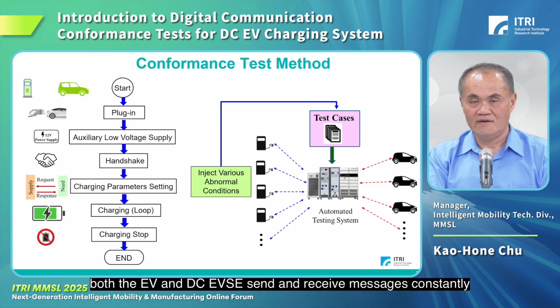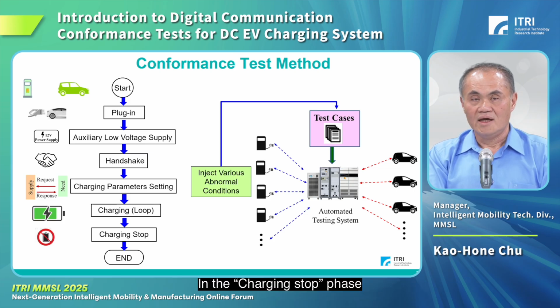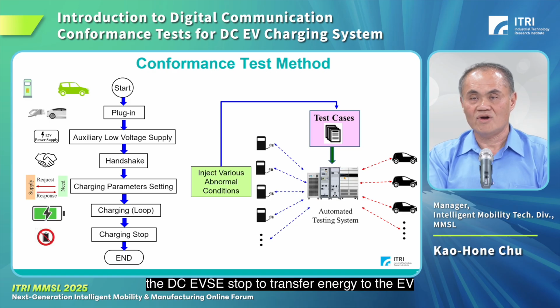Both the EV and the DC EVSE send and receive messages constantly. In the charging stop phase, the DC EVSE stops transferring energy to the EV and terminates the charging session.